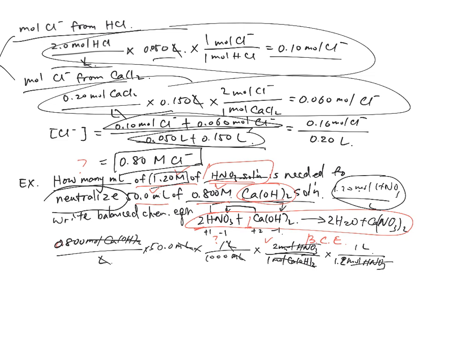So mole of HNO3 cancel. I ended up with liter. Did I want liter? Oh, I want milliliter. Each 1 liter is 1,000 milliliter, so liter cancel, and I'm going to get milliliter of the solution. Okay, so carry out your calculation.